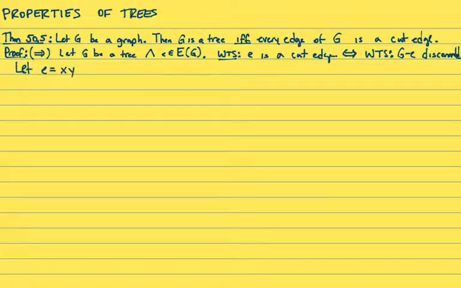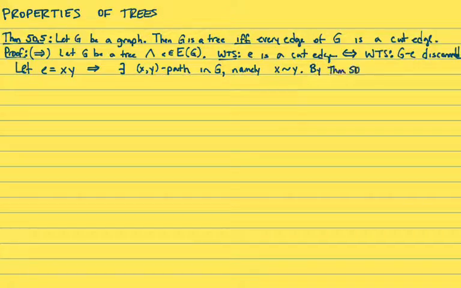So let's let E be the edge XY, which means there is an XY path in G, namely that single edge XY. If X and Y are both vertices of G, then there is an edge from X to Y. We're picking the edge XY, just a single edge.